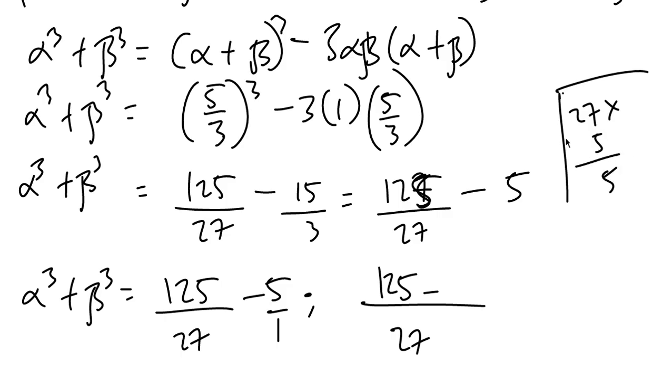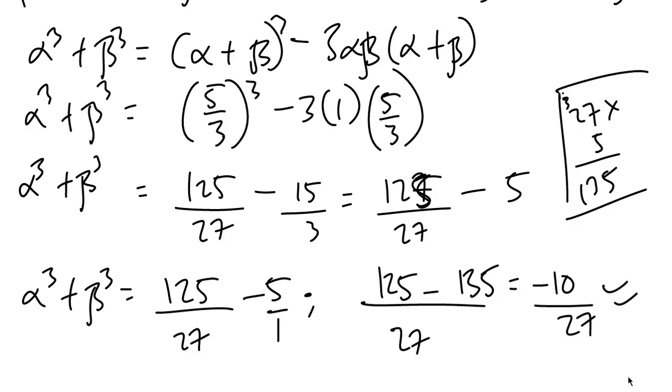That's 135, right? So 125 negative 135 is going to be negative 10, and then negative 10 over 27. So that's alpha cube plus beta cube for the equation.